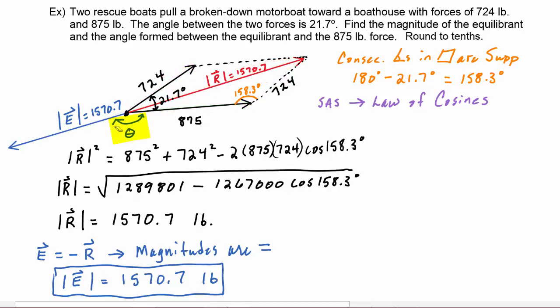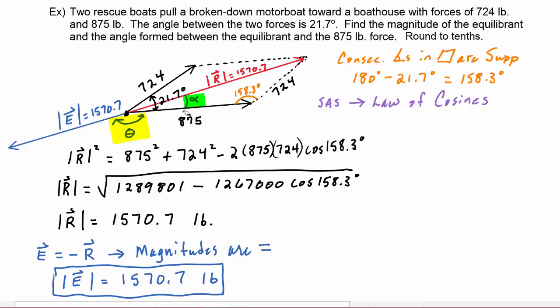Now, we also had to find this angle, theta, which was the angle formed between the equilibrant and the 875-pound force. Now, theta is not inside any triangle, but we could go ahead and find this angle. Maybe we'll call it alpha. We know that alpha and theta are a linear pair.